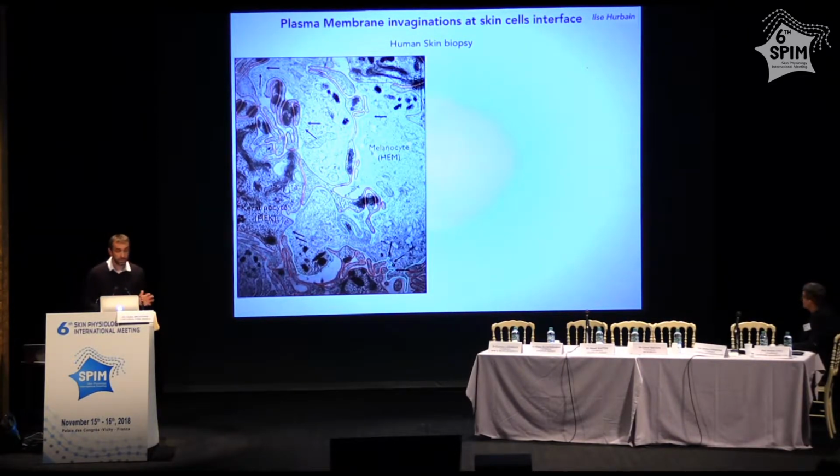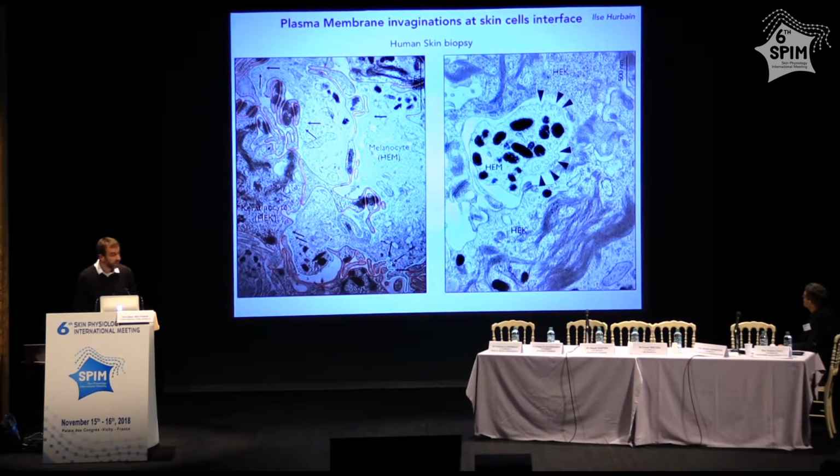So what we observe first is this kind of small membrane invagination here. I don't know if you see well. In blue, that is the plasma membrane of the melanocyte that is facing the plasma membrane of keratinocyte in red. Another view would be that one. So here we are in a melanocyte dendrite, full of these pigmented melanosomes, and surrounded by this keratinocyte here.